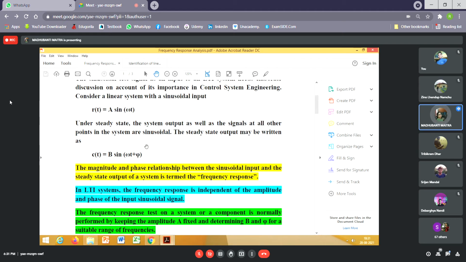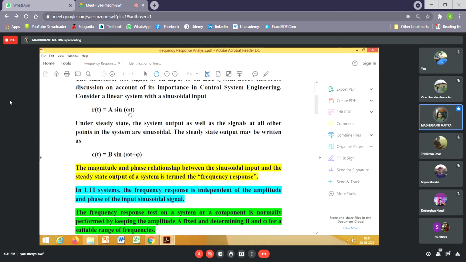Hence, the output generated by the system will also be a sinusoidal one, and the output is expressed in generic form as c(t) = B sine(omega t plus phi). Please note that the amplitude of the input signal is A, whereas the amplitude of the output signal is B.